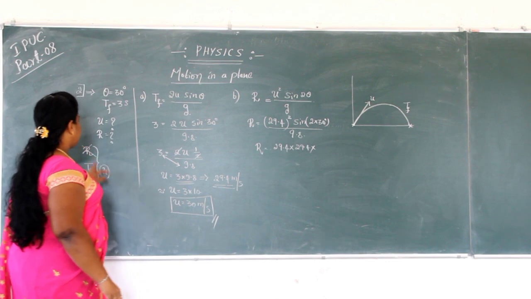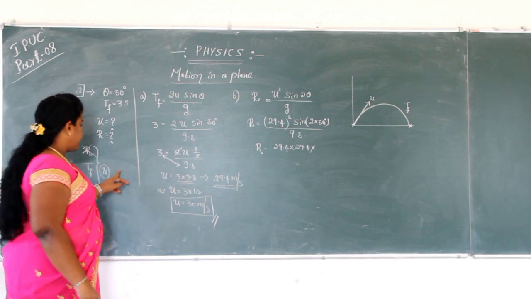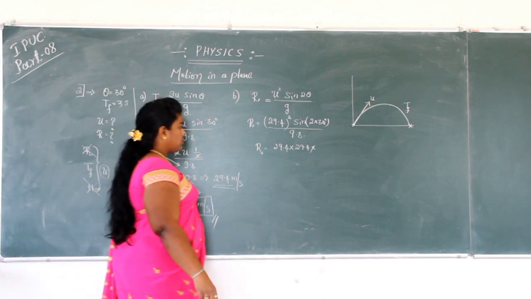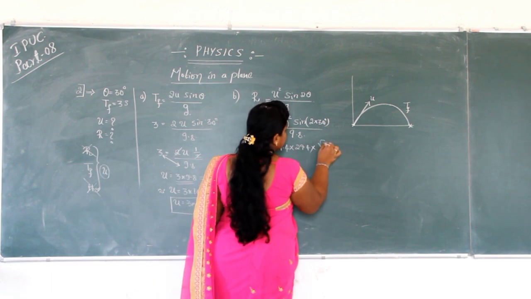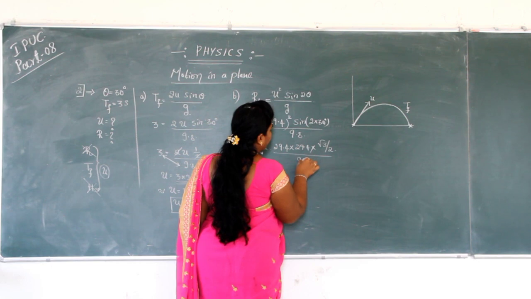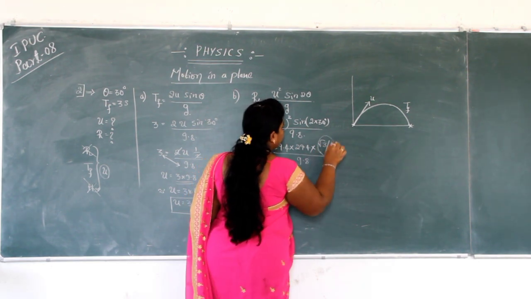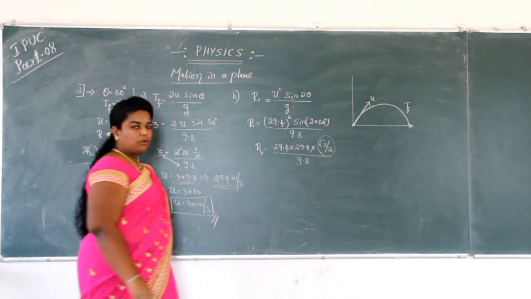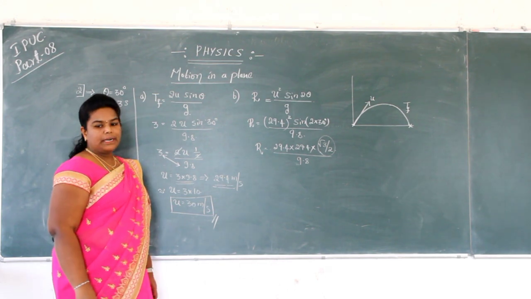So what is the value of sine 60? Already I have written it here, so you already know about it. Sine 60 is root 3 by 2, divided by 9.8. So what is the value of root 3 by 2? In the last question we did it, it is equal to 0.86.